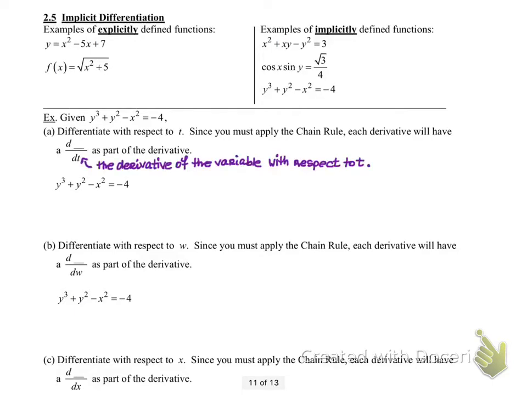So when we come down to y cubed plus y squared minus x squared, we need to bring down the power, subtract 1 from the power, and remember that we're differentiating y with respect to t.